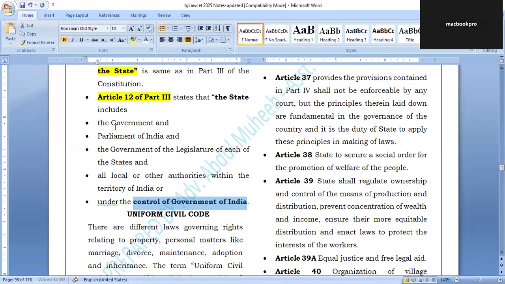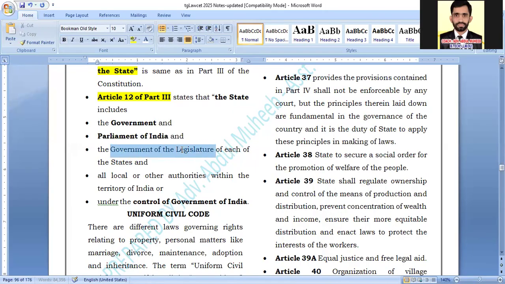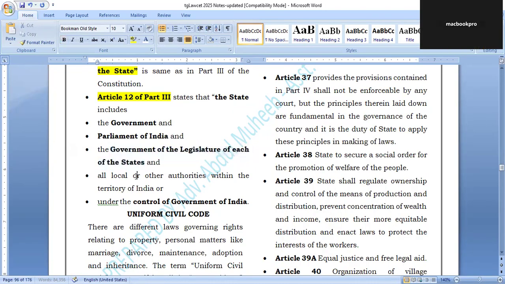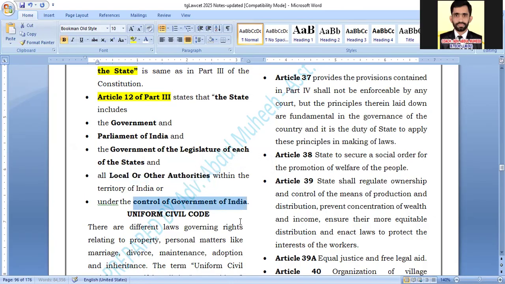So what is the state? Government of India, Parliament of India, state legislature, and local authorities within the territory of India, or any organization under the control of the Government of India. It is called the state.